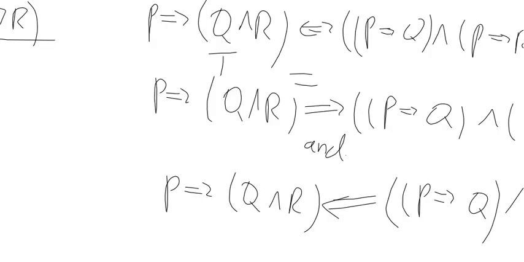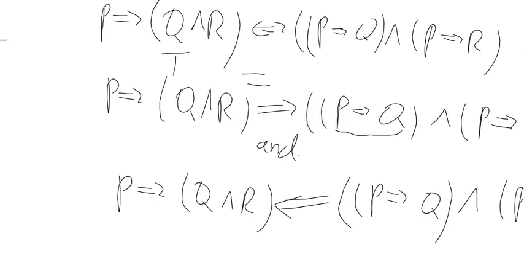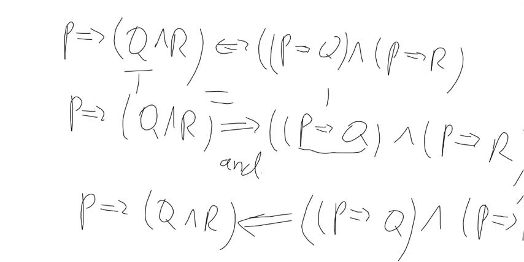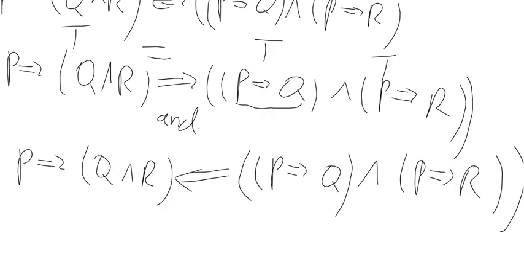P implies Q and R is true, which implies that P implies Q and P implies R. Let's look at P implies Q now. P implies Q is true, and P implies R is true.